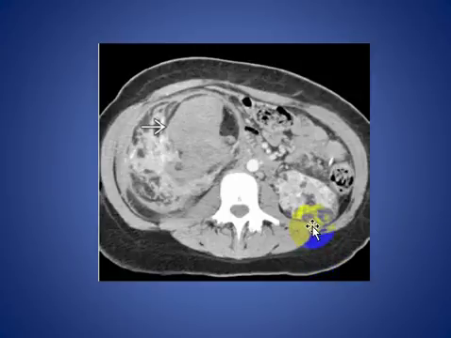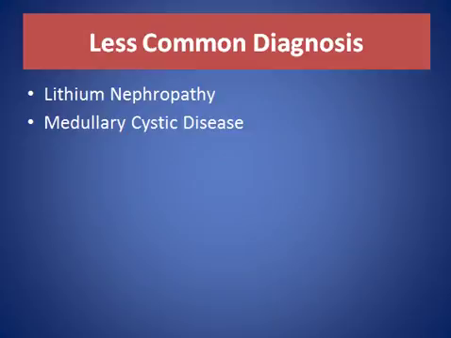Sometimes due to partial volume artifact or averaging, it is difficult to differentiate the small angiomyolipoma from simple cyst, which is usually present in patients with tuberous sclerosis.